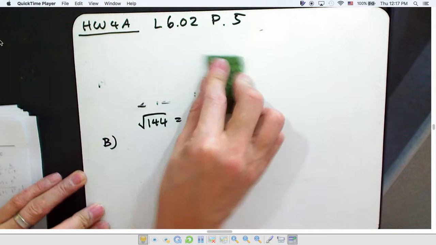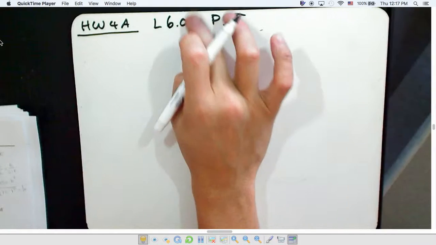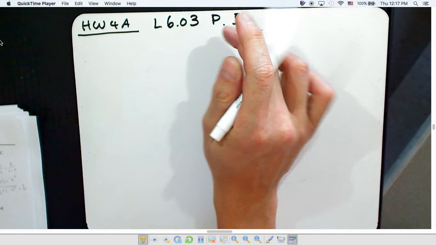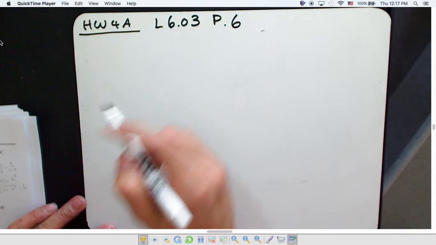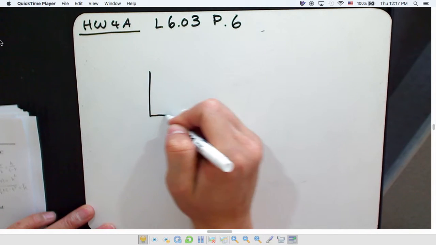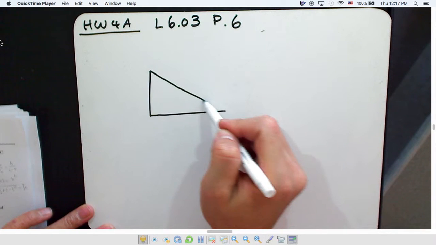Now let's go to lesson 6.3, which is page 3. Let's look at problem number 6. So you have a triangle, goes something like this.